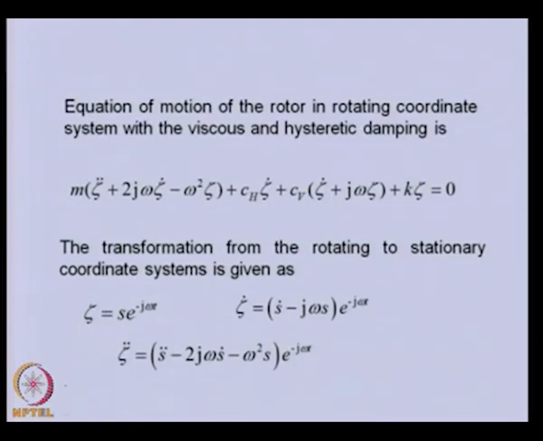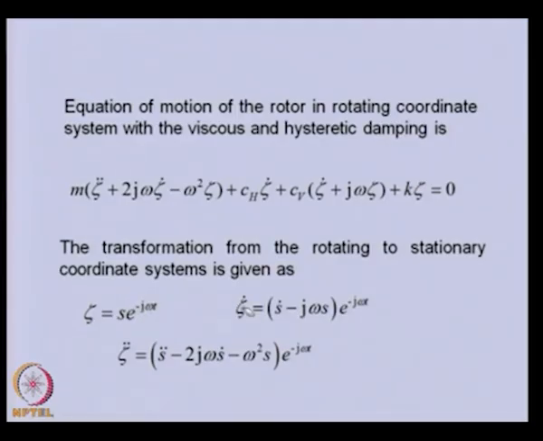Coming to the equation of motion in the rotating coordinate system, this was the equation of motion with the hysteretic damping. The transformation from the rotating to the stationary coordinate system will be just the opposite.